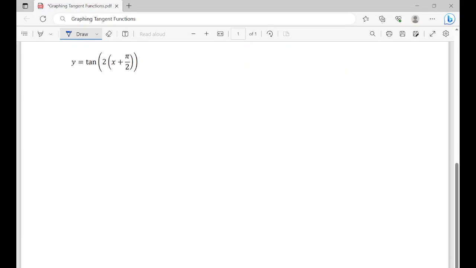Next we have y equals tangent of 2 times x plus pi over 2. So this actually has a phase shift. This has a horizontal shift. Now the basic form of this equation is y equals a tangent of k times x minus b, with b being the phase shift.